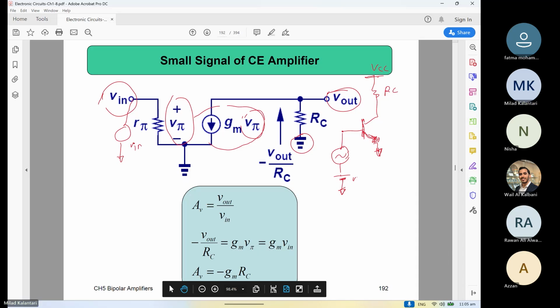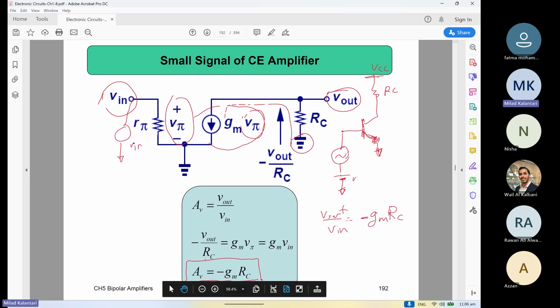So if you write the KVL from this loop, you can find this voltage. And the voltage gain, V out over V in, will be negative gm RC, right?